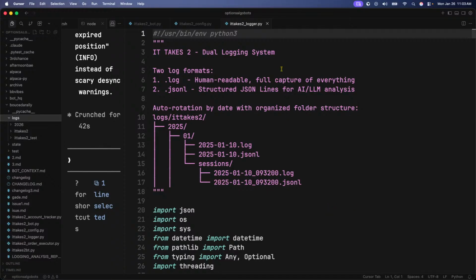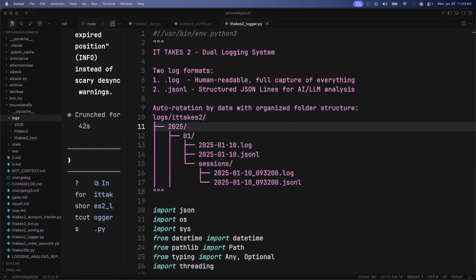Just think about it this way: it would have to go from the bot to ChatGPT, for example, ChatGPT is going to answer, and then go back to the bot to execute the code. You may miss the signal by that time, right? So no, these are straight Python, no LLMs at all.